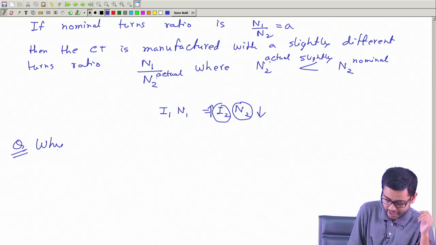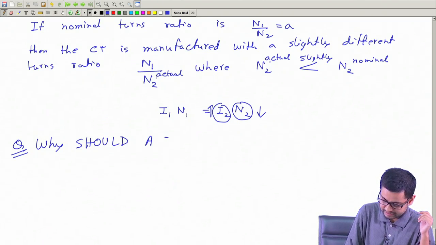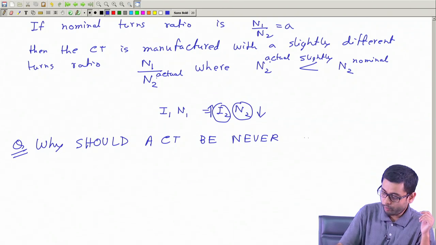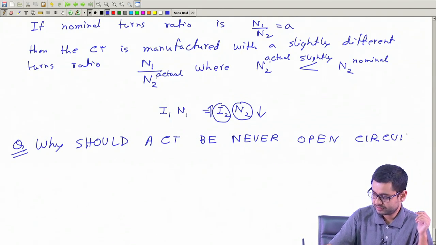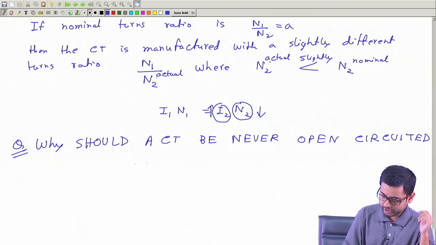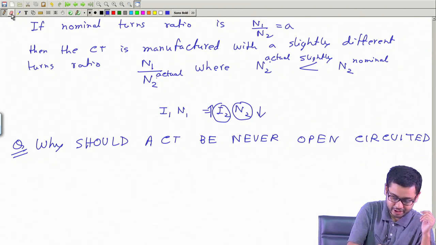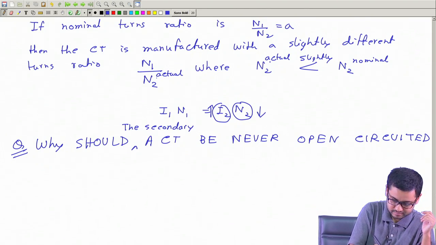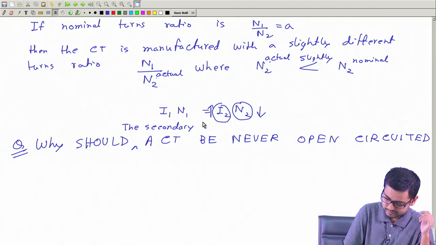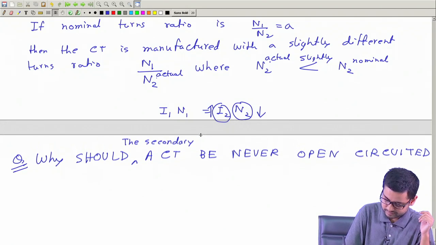So why should the secondary of a CT never be open circuited?